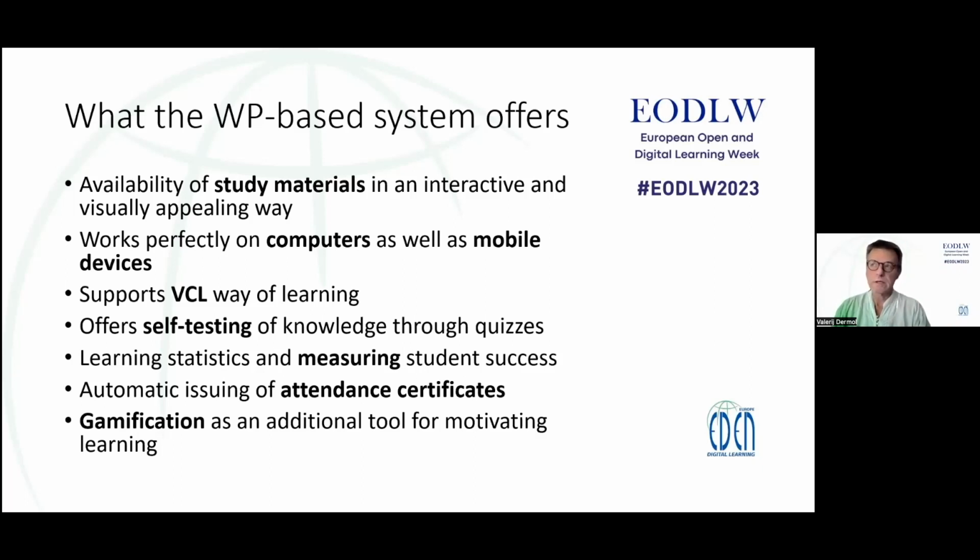And also, the open educational resources that will be produced during the implementation of the courses will be available to external people who want to get some information about VCL and open educational resources approaches. That's one of the pluses of our system.